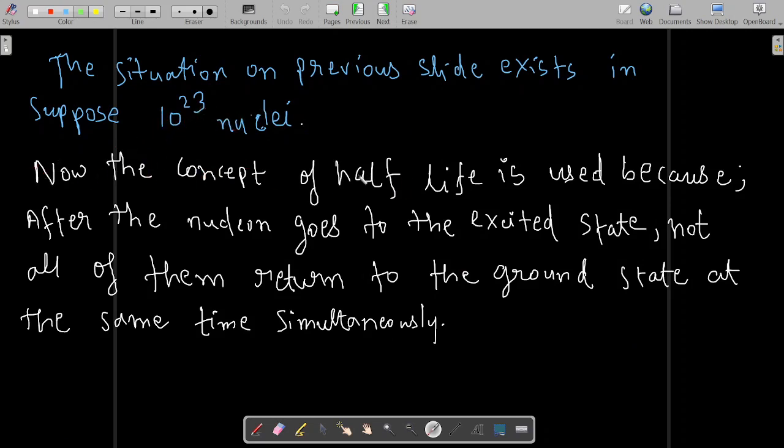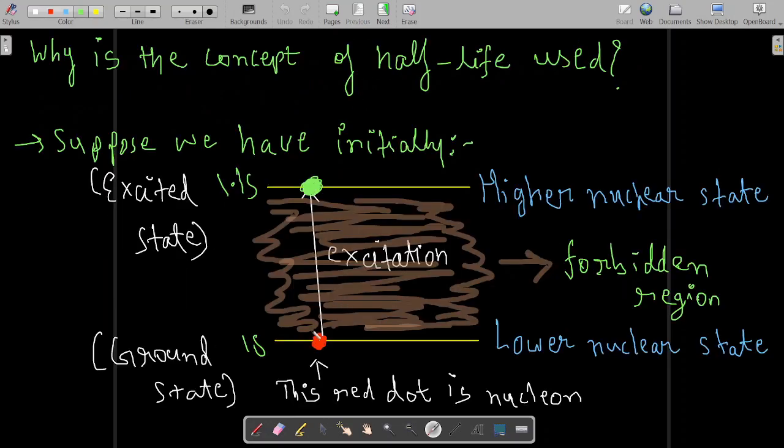Now the concept of half-life is used because after the nucleons go to the excited state, not all of them return to the ground state simultaneously. Suppose the 10 to the power 23 nucleons are trying to come back to the ground state once again.